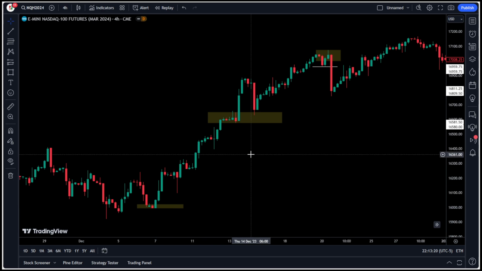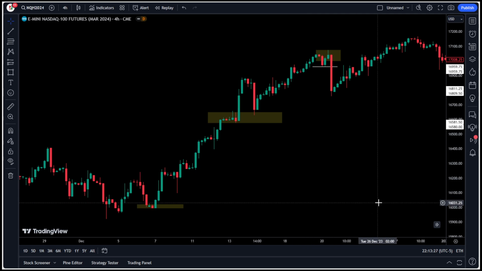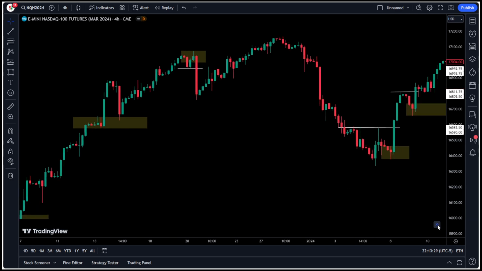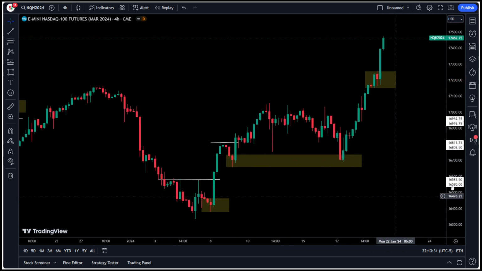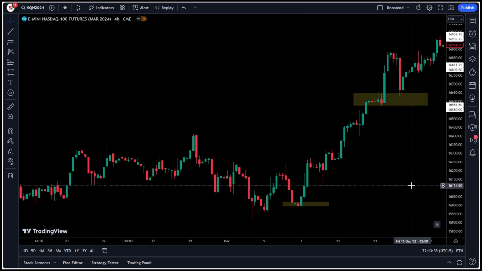It's up to you. You're securing 80%, 20%, 90%, whatever, the way you manage your trade, but it has generated a good profit for a retail trader.